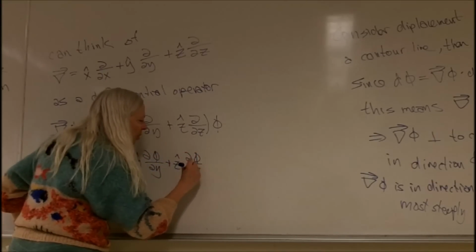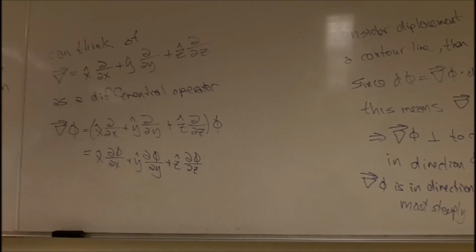And similarly with this operator. Okay? So, we'll often write this by itself, but of course it doesn't really mean anything by itself. But it's often useful to just think of this as a differential operator in the sense that it will operate on whatever comes after it, whether that's a phi or some other symbol.